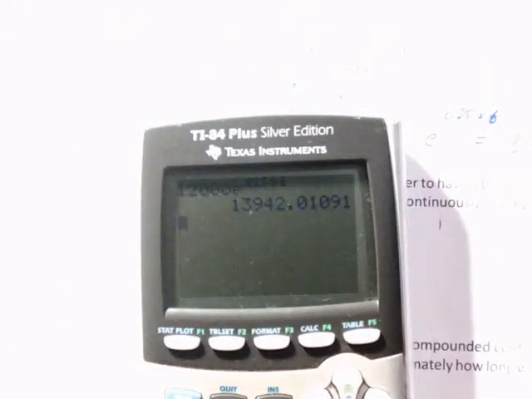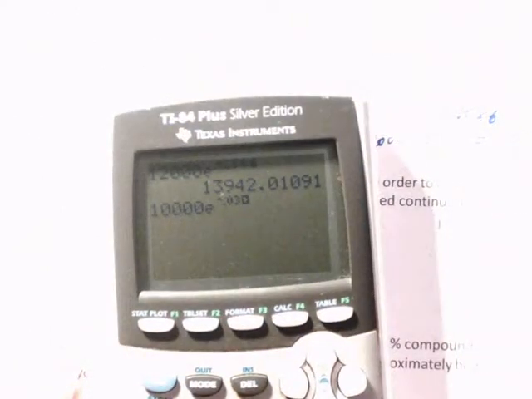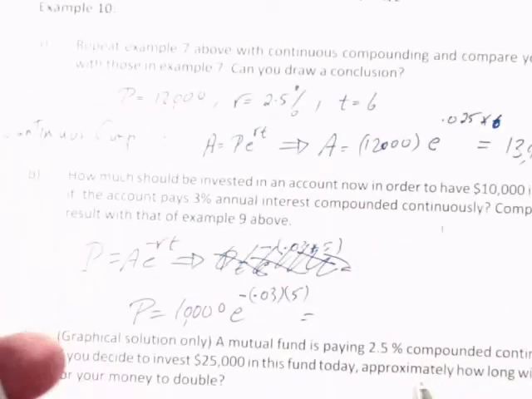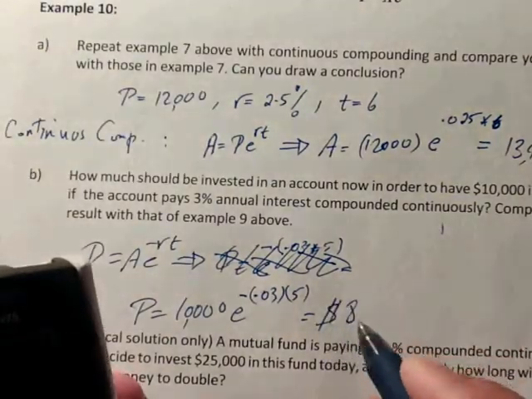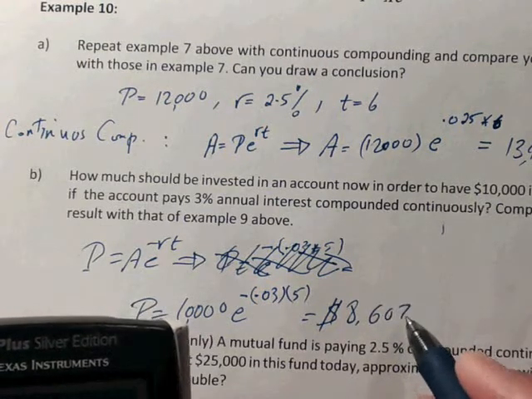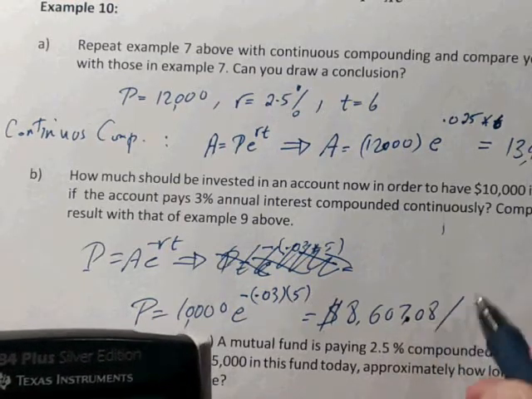Look at this. 10,000 second e to the power negative 0.03 times 5. $8,607.08.